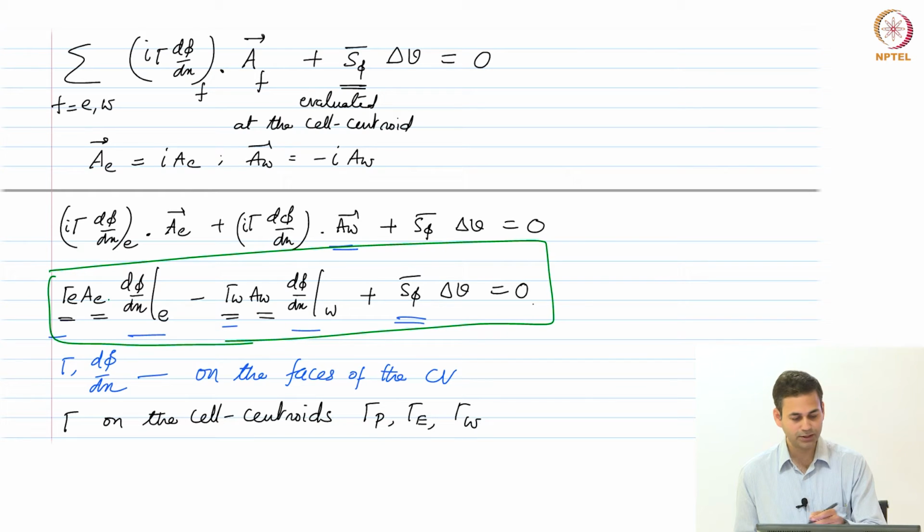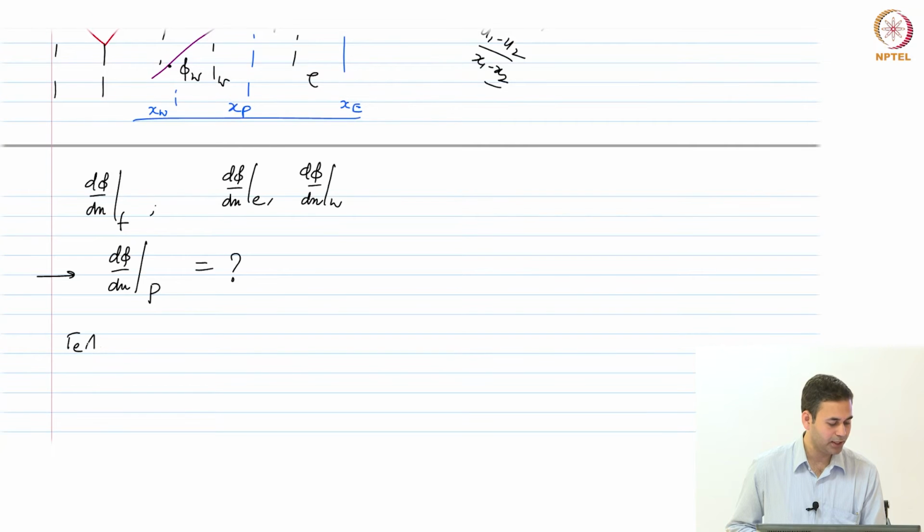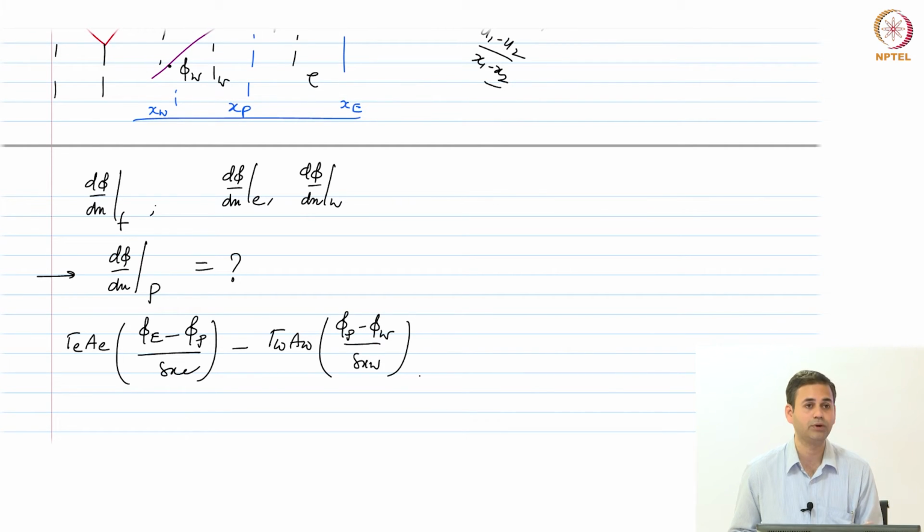So I am going to plug all of these in, which will give me gamma east, A east times d phi dx east, which would be phi capital E minus phi capital P upon del x E, minus gamma west, A west, d phi dx west, which would be phi P minus phi W upon del x W. So that is the two terms. And then what else do we have?